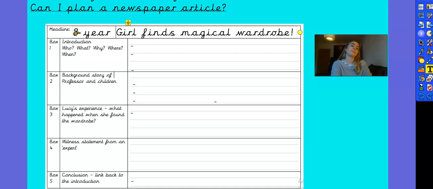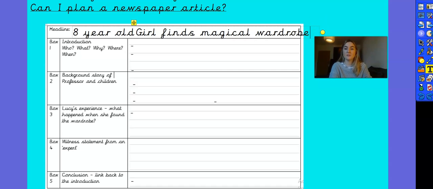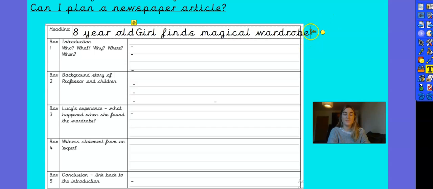So 8-year-old girl finds magical wardrobe, and I'm going to make that even a little bit longer. In sleepy Somerset village.